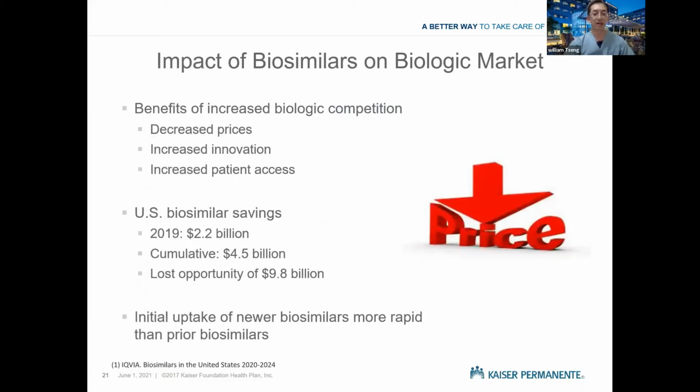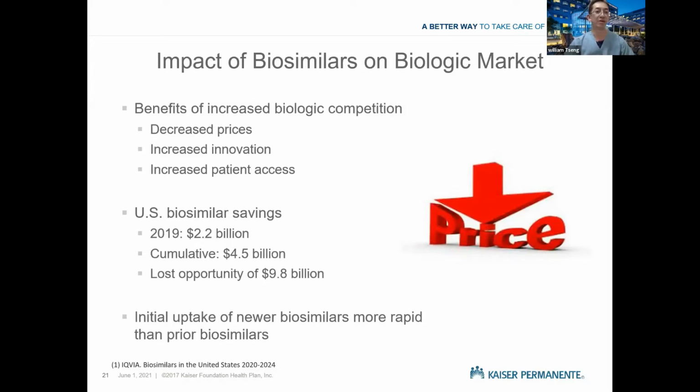Automatically, biosimilars give you a rate that's about 30% lower. So right from the start, you have a significant decrease in price. And having this pathway increases innovation and also increases patient access, because it's been proven by the time it comes out that there is no clinical difference between that and the reference product.